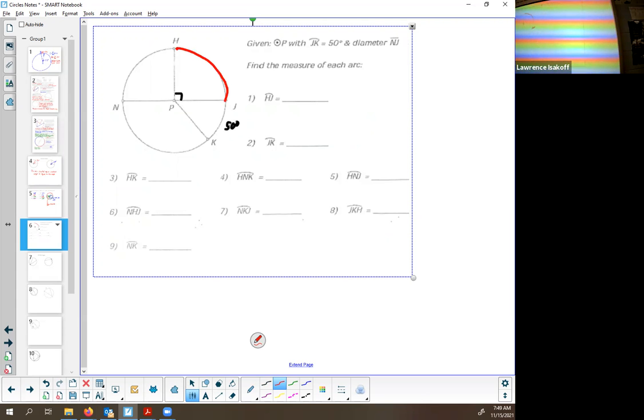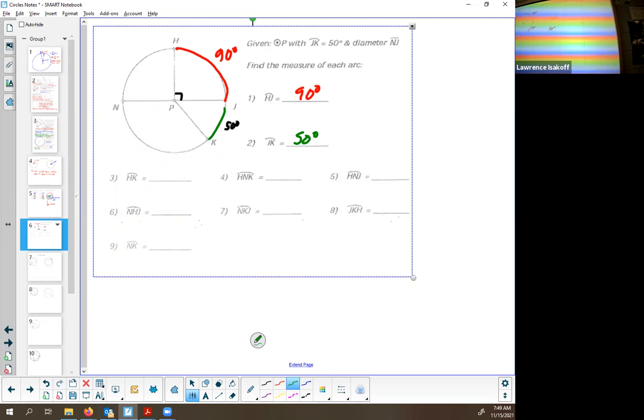Well, since this is actually a right angle, how many degrees does that make that? 90, so HJ will also be 90 degrees. Now I'm looking at JK. JK is easy. They already told us it was 50 degrees.